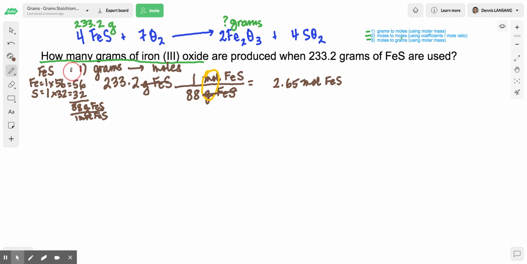Step 1 completed. In other words, 233.2 grams of iron 2 sulfide is 2.65 moles of iron 2 sulfide. Let's go on to the next step.